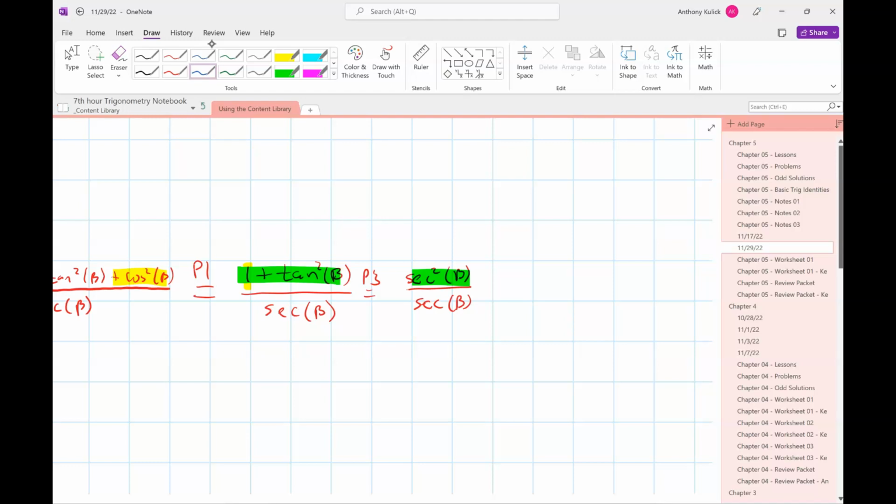That just turns into... Yeah, there you go. So we can just reduce a secant from top with a secant from bottom, and we're left with just secant beta. Did that help at all, Bella? That sure did. Thank you. Okay, you're welcome.